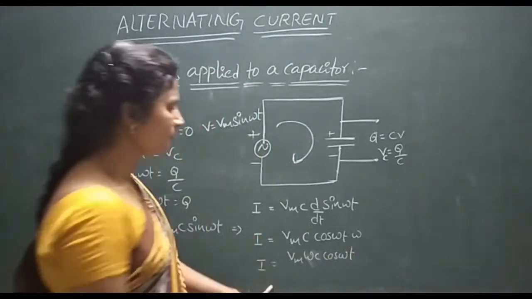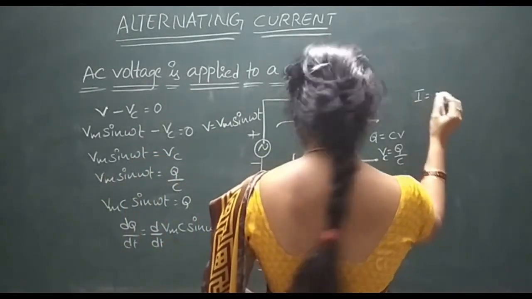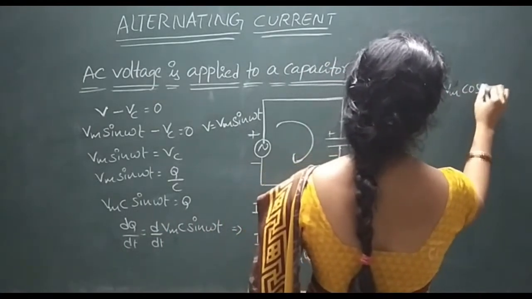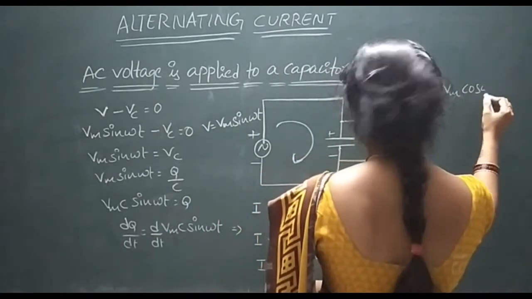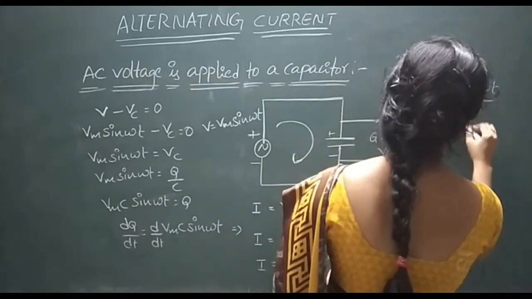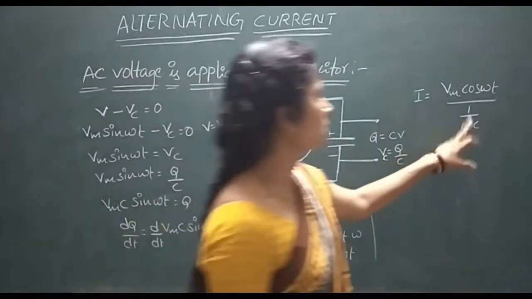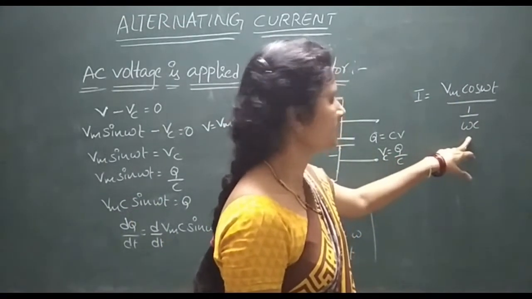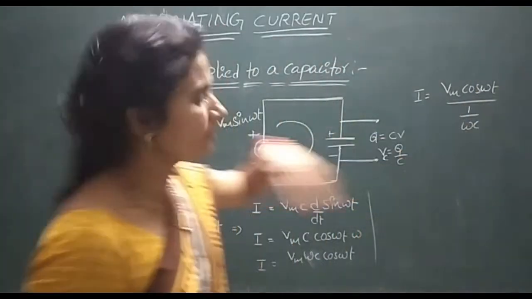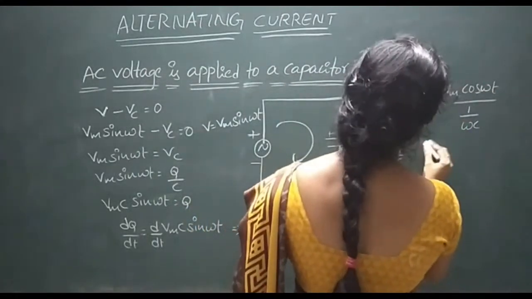This can be written as I is equal to Vm cos omega t by 1 by omega C. Why? Because if 1 by omega C is taken into the numerator, it becomes its reciprocal, giving Vm into omega C cos omega t.